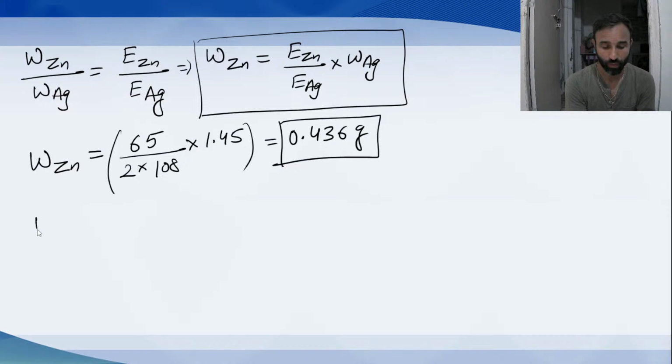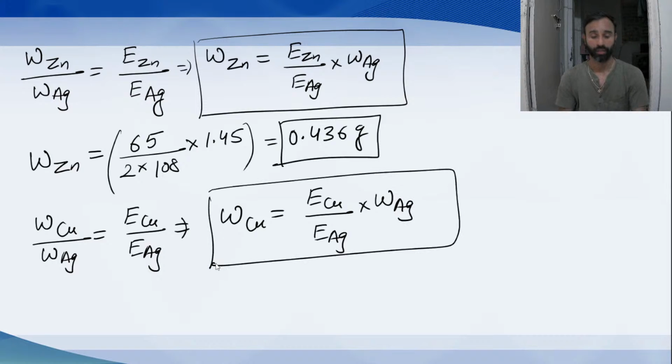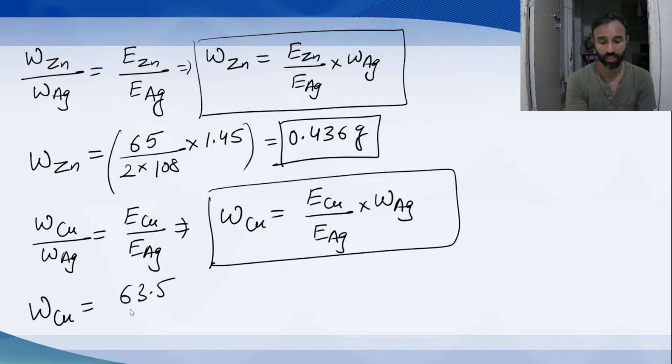Next, weight of copper over weight of silver equal to equivalent weight of copper over equivalent weight of silver. That is, weight of copper is equal to equivalent weight of copper over equivalent weight of silver into weight of silver. Just calculate. Equivalent weight of copper is 63.5 over 2. Equivalent weight of silver is 108.